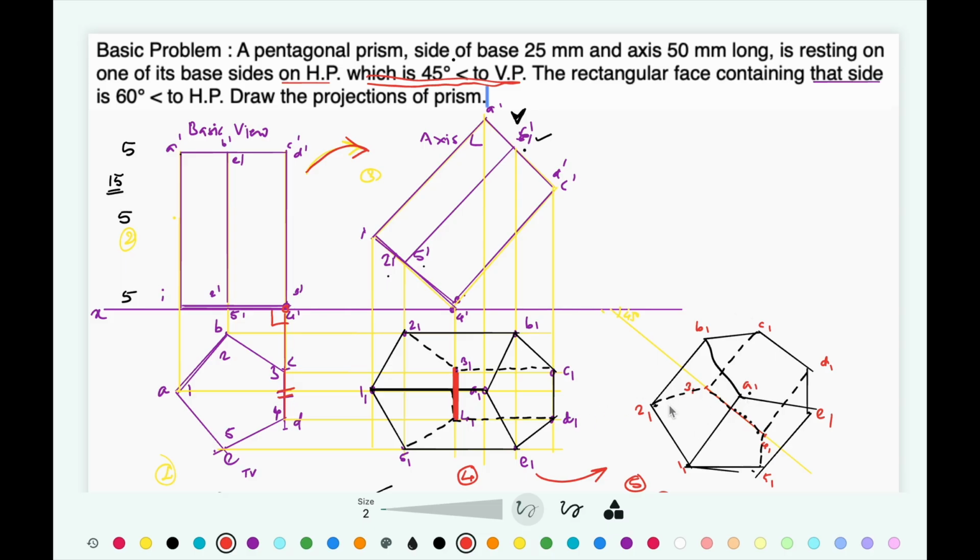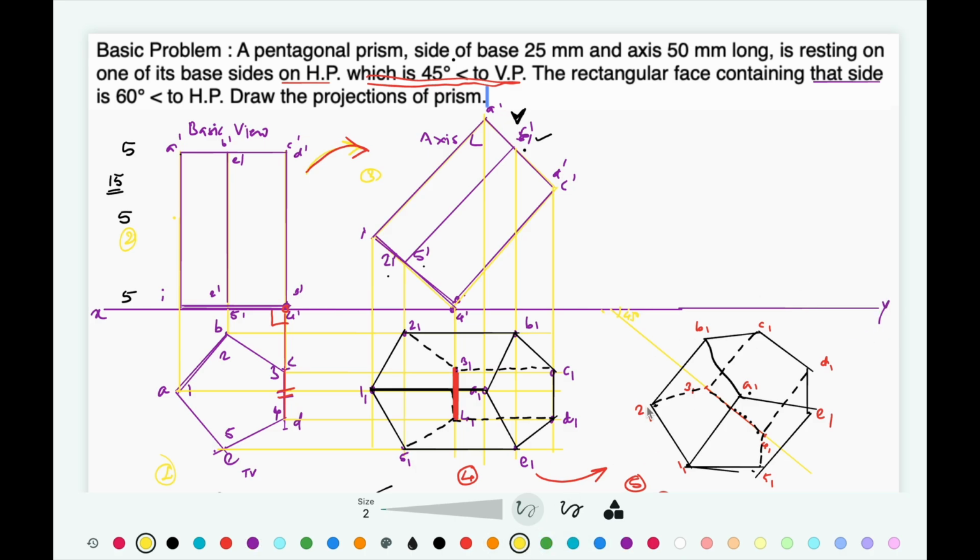So as I have drawn it without scale, it is a freehand sketch, so it appears to be slightly different than the view number 4, but ideally those two are supposed to be identical to each other. Let me extend this XY line.